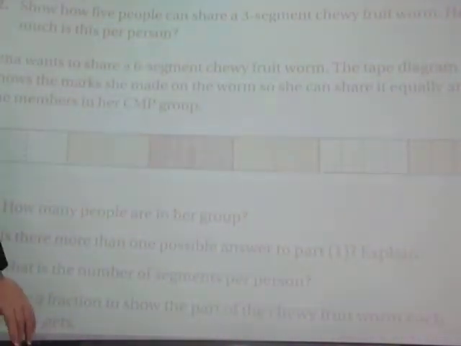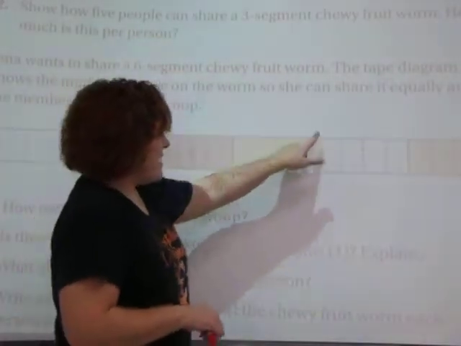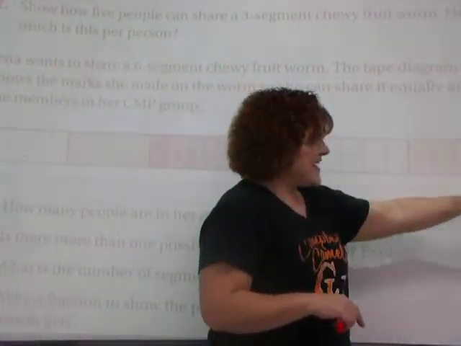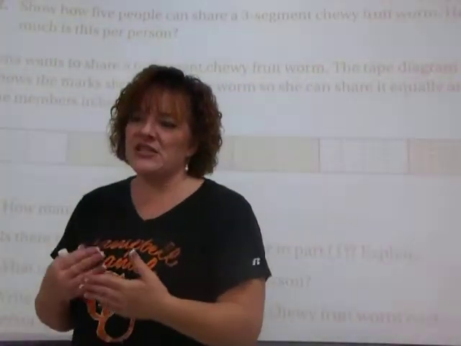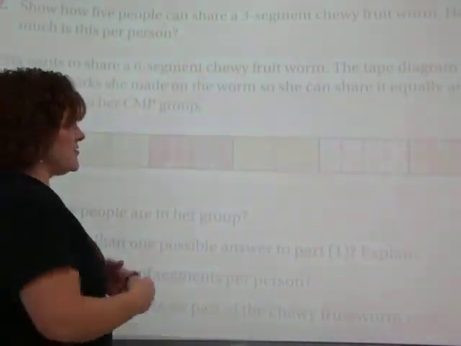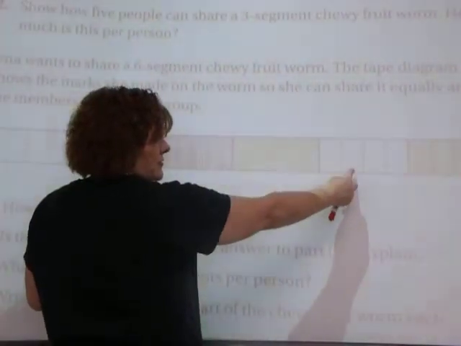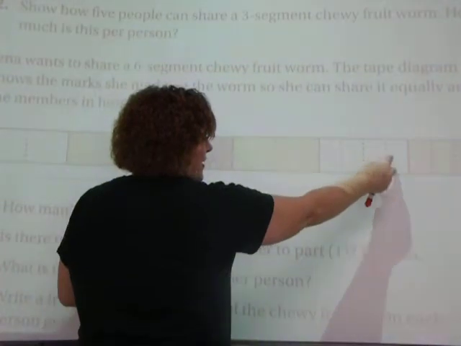So when we go up here and we look at what she's done, there's 1, 2, 3, 4, 5, 6 segments. What's the smallest amount she broke it into? 4. 1, 2, 3, 4.